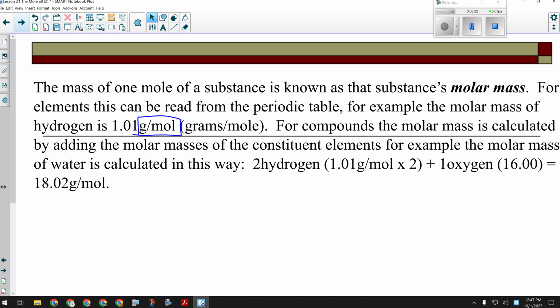Yeah, the total mass. You put all the stuff together, element by element. Okay? So let's use water as an example. In a molecule of water, how many hydrogen atoms are there? 2. Okay. So every hydrogen atom is 1.01 grams per mole. But I have 2 of them. So 1.01 times 2. Plus, what's the atomic mass for oxygen? 16.